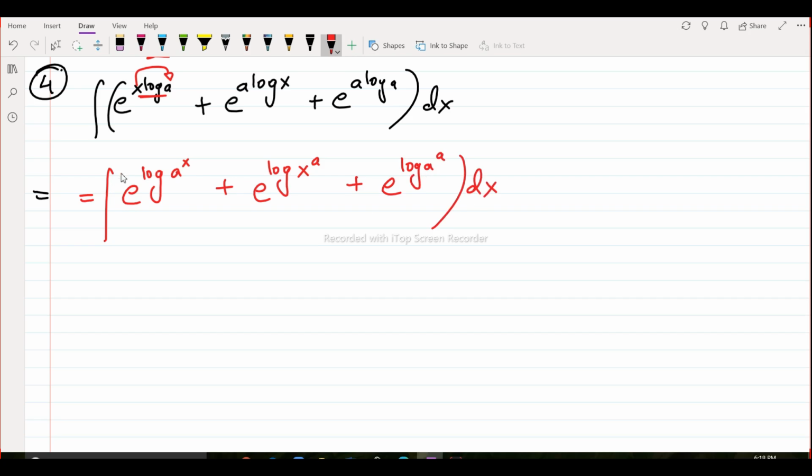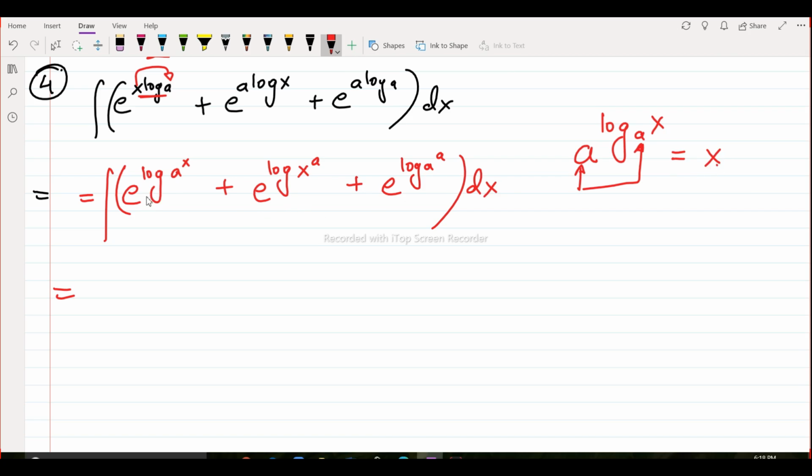So I've just used the laws of log and the power law. Now there is a very important formula for log and e: if you have something where this is the base and this is log and this is x, and this base and this base are the same, then this is equal to x.